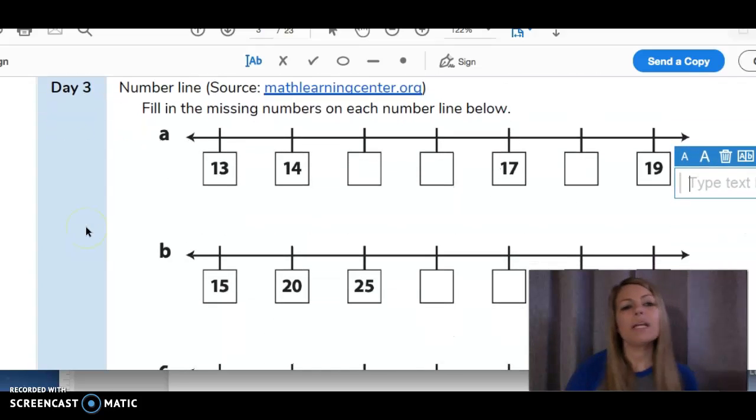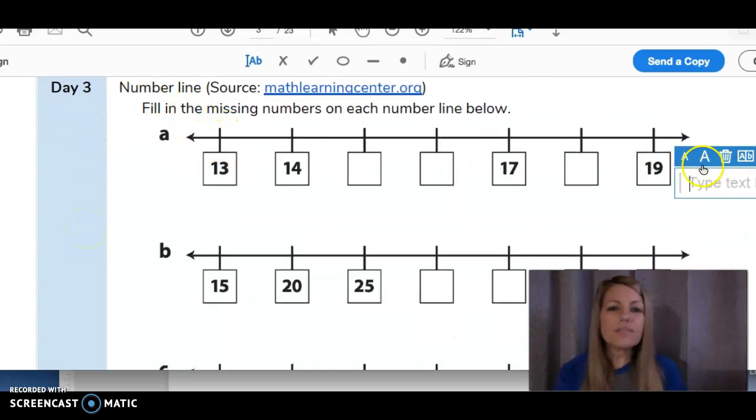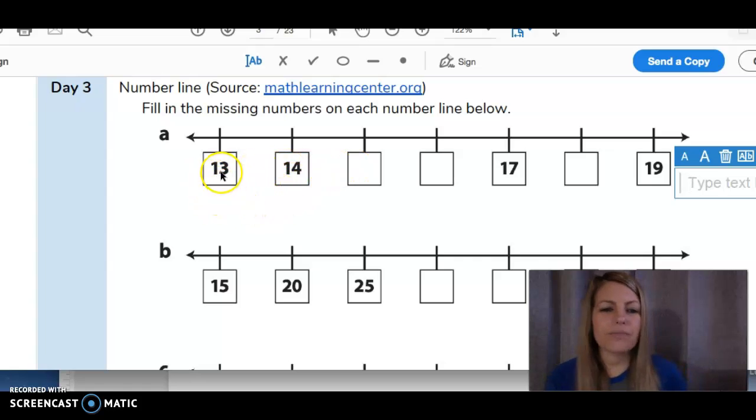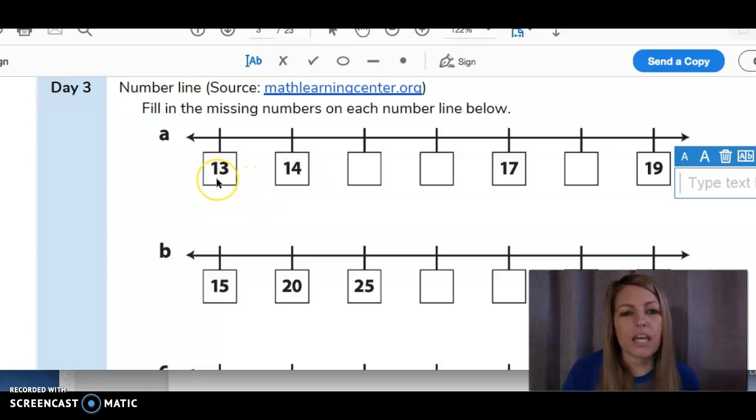The first thing that we need to do for day number 3, they give us this number line and we have to decide what the missing numbers are to fill in the number line. The way that we do that is we look at the first two numbers. We've got 13 and 14. If you have 13, how many more does it take to get to 14? Well, if you have 13, 14.